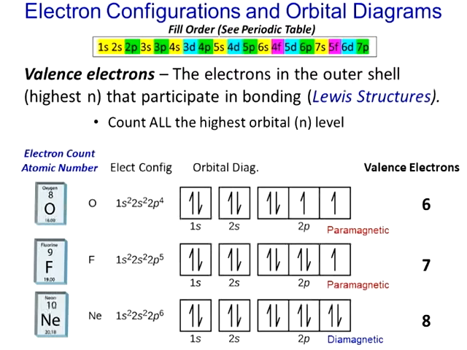The electrons at that highest value are residing in the s and the p. So we total the number of electrons, 2 in the 2s and 4 in the 2p, to give us the valence electron count for oxygen at 6. So we look at the highest n value, and we sum them.